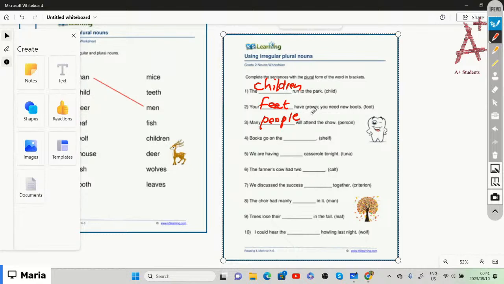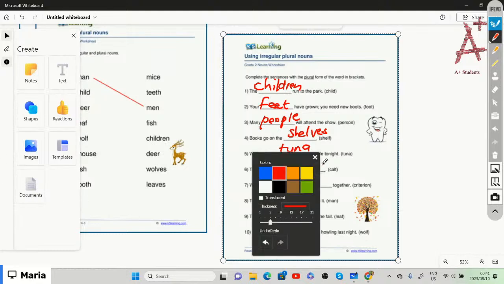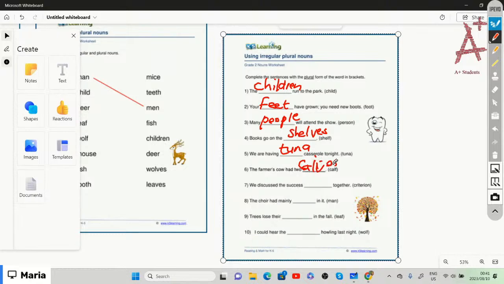Books go on the shelves. And then we are having tuna casseroles today. So tuna stays tuna, right? The farmer's cow had two calves. And then we discussed the success criterions together.